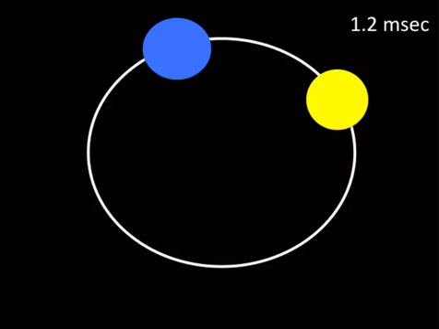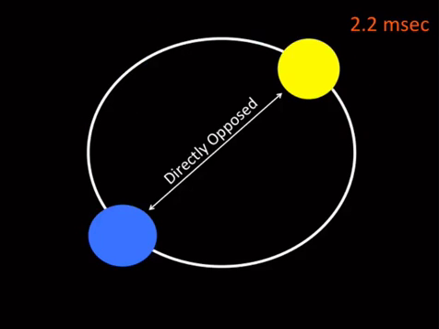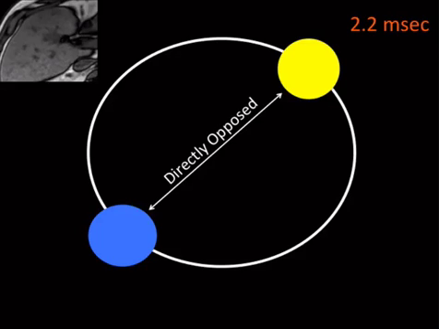It's the Kenyan runner versus the fat guy, and at a given time, which is 2.2 milliseconds on a 1.5 Tesla magnet, they're going to be directly opposed to each other, and as a result, they're going to cancel each other's signal out, and you're going to get this dark line or India ink artifact.